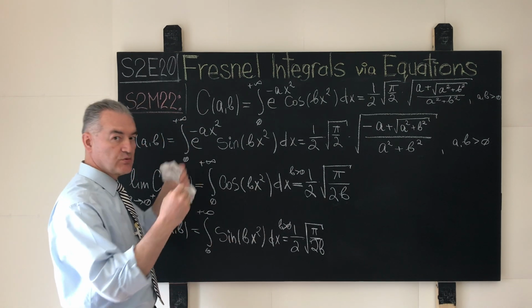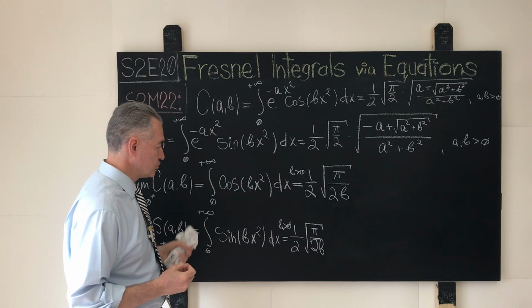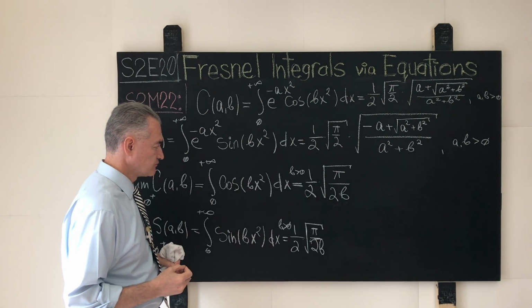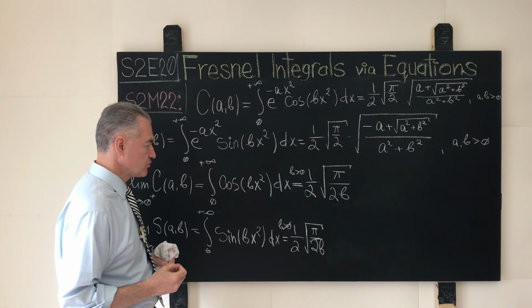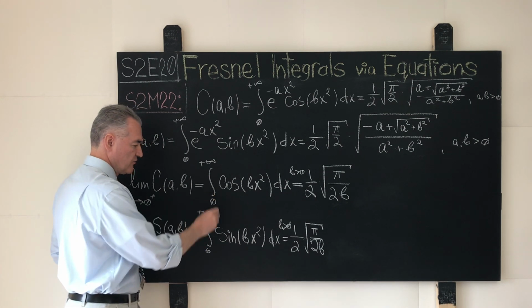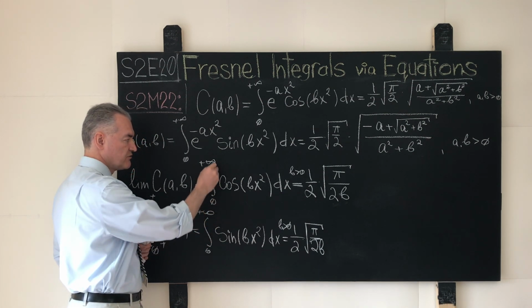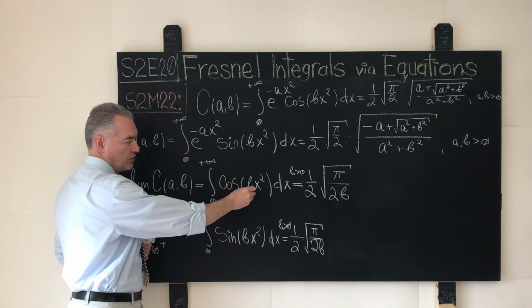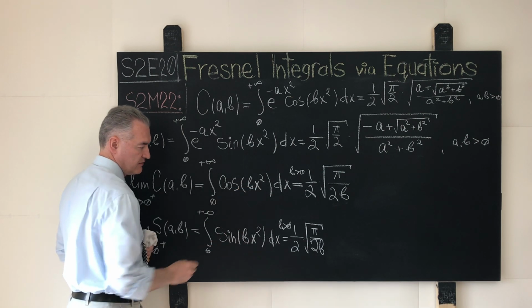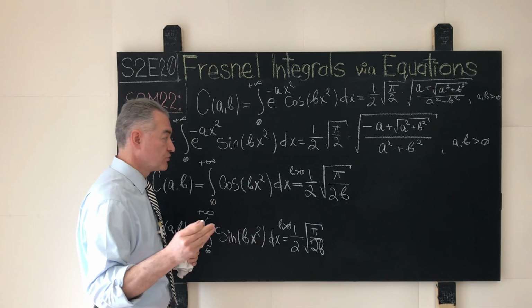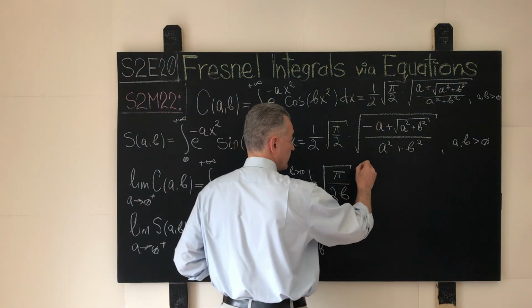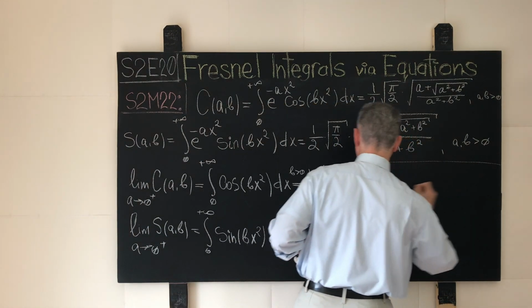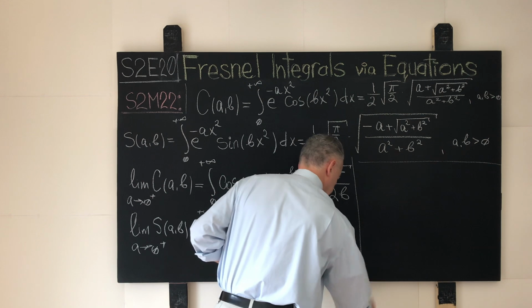So the original problem that we were asked to solve in S2M22 is to recover the value of the Fresnel integrals over the positive branch of the real axis. This can be done when the value of the parameter b is set to 1. And what do we have? Let me separate this a little bit like so.